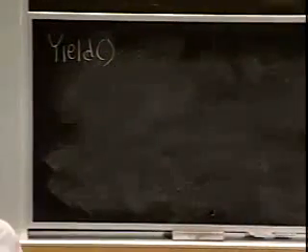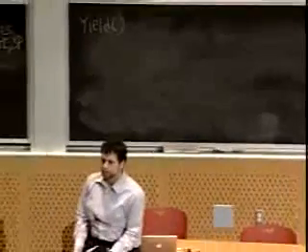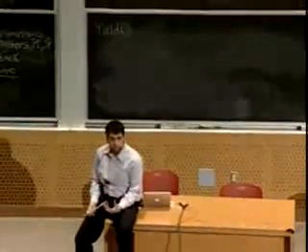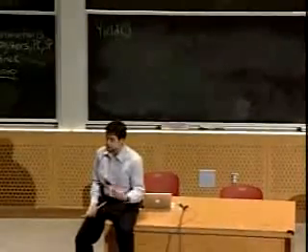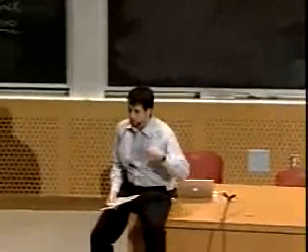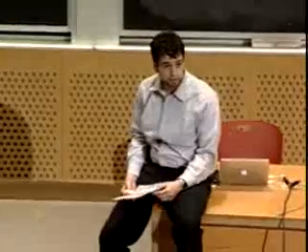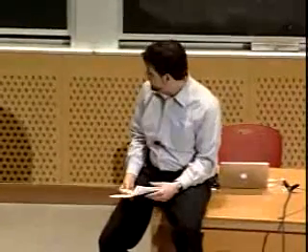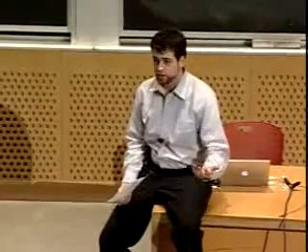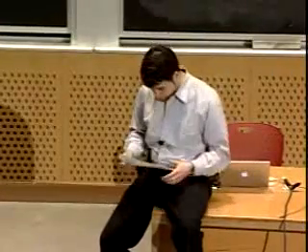Yield is the thing that the currently executing thread calls when it's ready to give up the processor and let another thread run. So the thread is going to run for a while, and then it's going to call yield, and that allows other threads to do their execution. And this is cooperative because if a program doesn't call yield, then no other program will ever be allowed to run on the system.